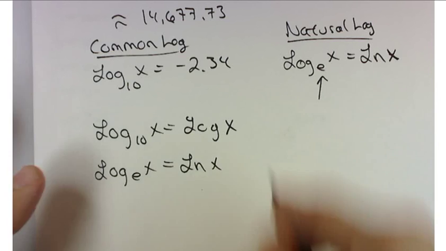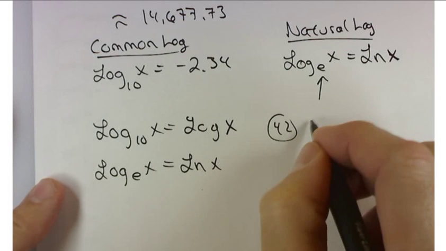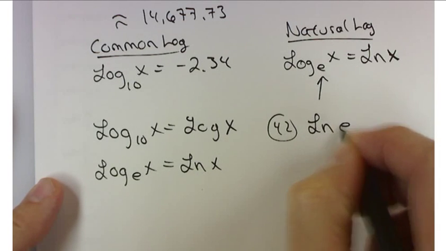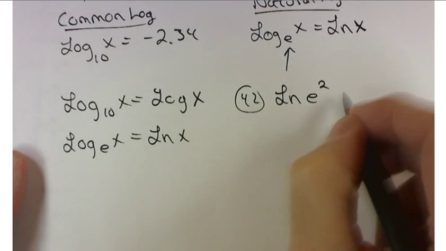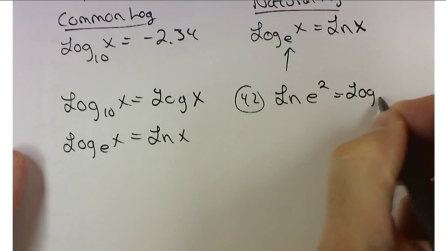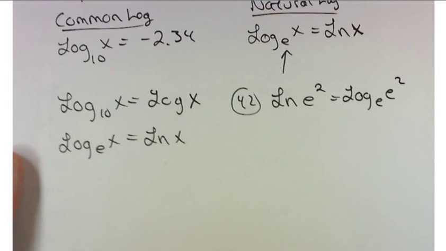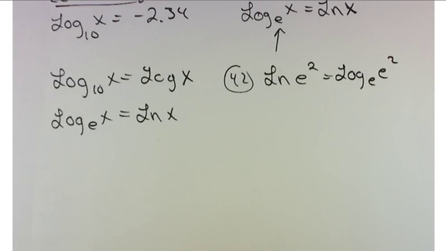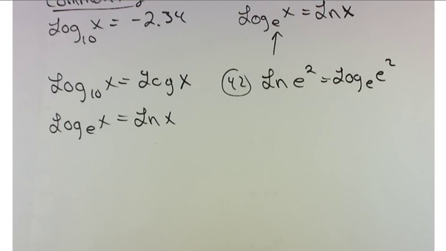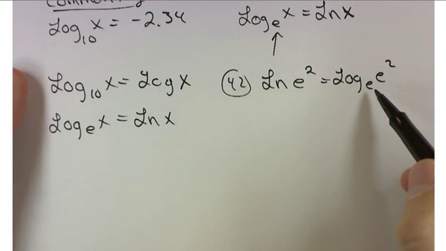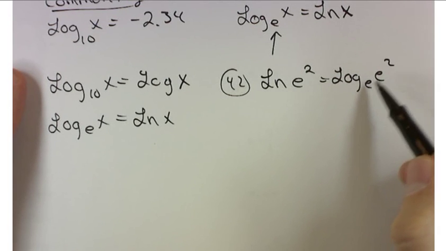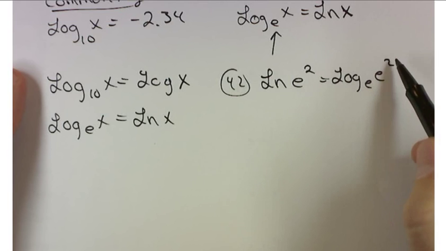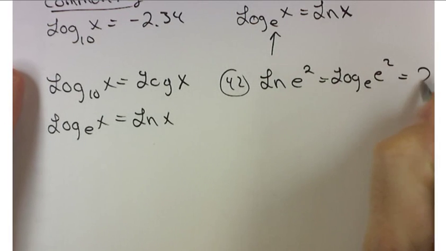So for instance, problem number 42, they give you ln of e squared. Well, that's really the same thing as log base e of e squared. Now you might ask, why make a fuss like that? The reason I would suggest we do this is because when you have the log of a base and that base to a certain power, those two operations cancel each other out.